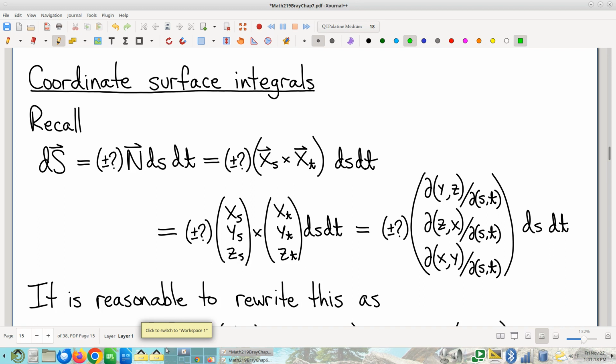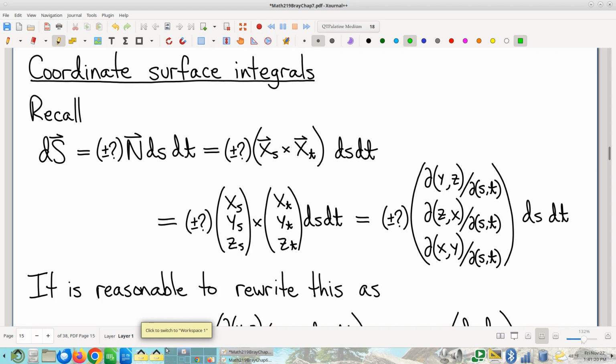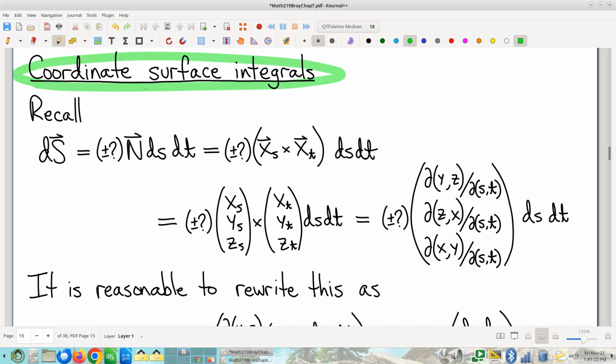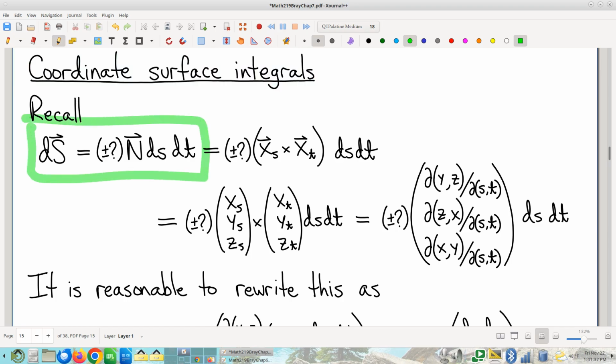Now, the next thing to talk about is coordinate surface integrals, and arguably these are a new kind of integral. Also, arguably, they're a different notation for what we just talked about, namely vector surface integrals. This is going to come out of the formula that we wrote down for the ds vector.